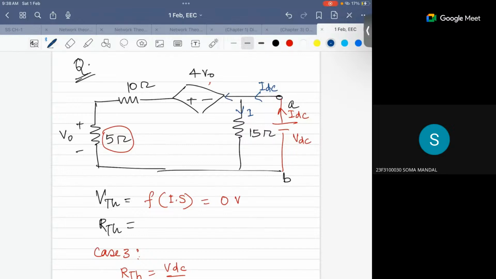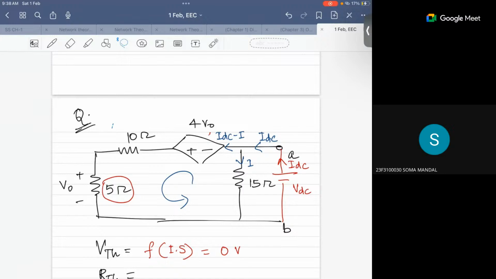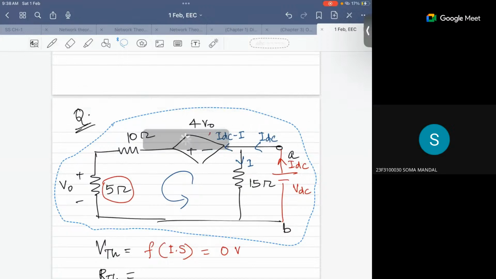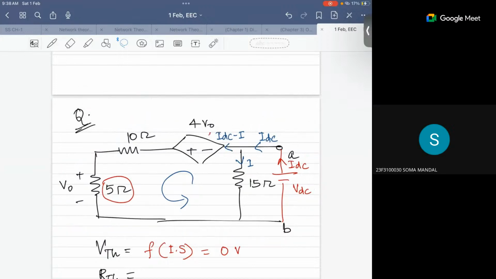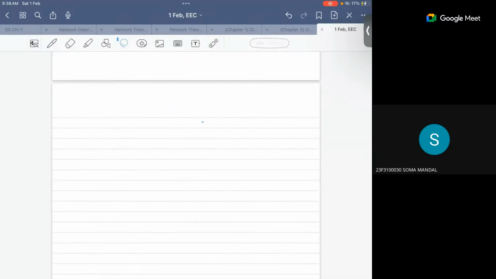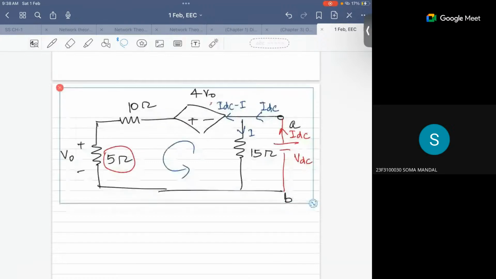So the left current passing in this circuit will be IDC minus I. Let's use KVL in this loop. At the end, we need VDC upon IDC to get the R Thevenin, right? So let's try to solve it.